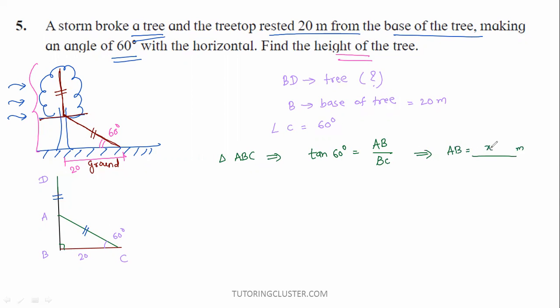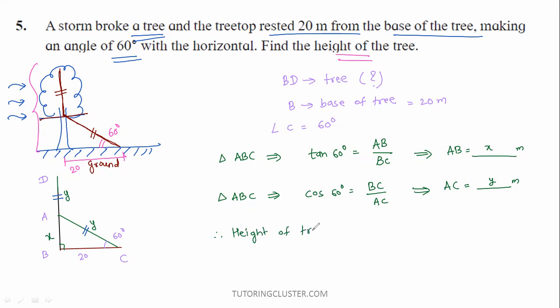Let's say it is X meter, right? Again, if I am considering triangle ABC, what will be cos of 60 degree? Adjacent side upon hypotenuse side. From this, you can find out AC. Let's say it is Y meter. So if this is Y, AD distance is going to be Y. AB is X. So what will be the height of the tree?